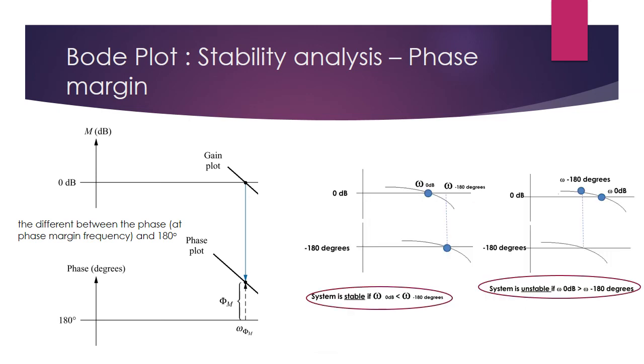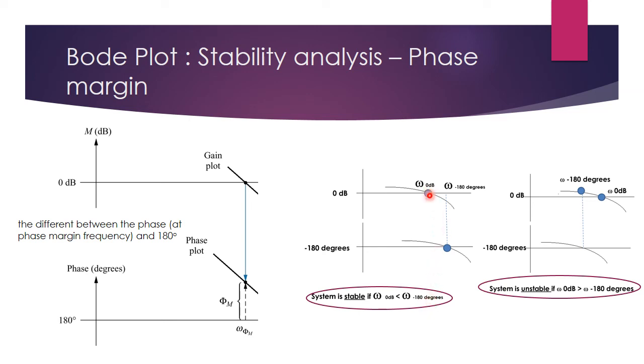So how do we conclude this in terms of stability? The system is stable if your phase shift at 0 dB is smaller than the phase shift at 180 degrees, right?